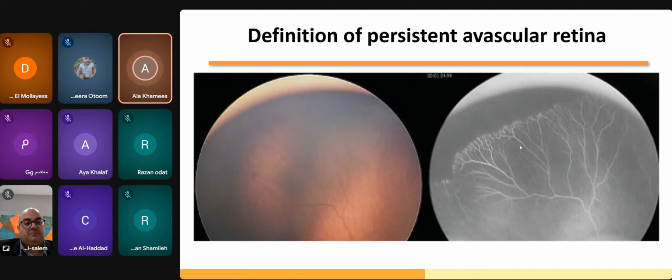We need to compare the occurrence of the persistent avascular retina in eyes with spontaneous and treated regression, and with incomplete laser therapy, we can still see persistent avascular retina.